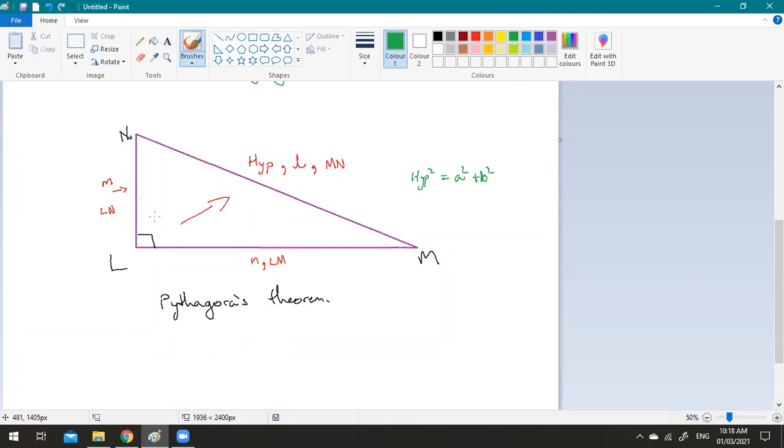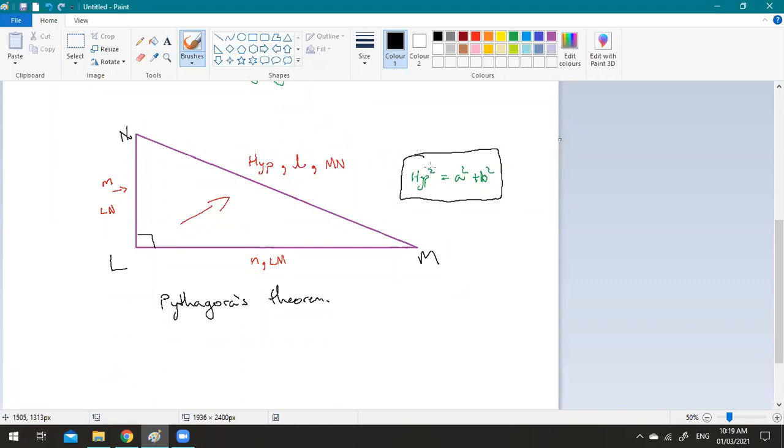Now, in terms of L, M, and N, I want you to tell me what Pythagoras theorem is. In terms of the letters given for the triangle, rewrite the formula.